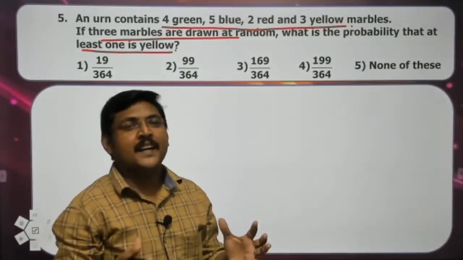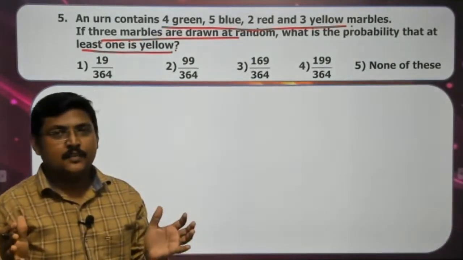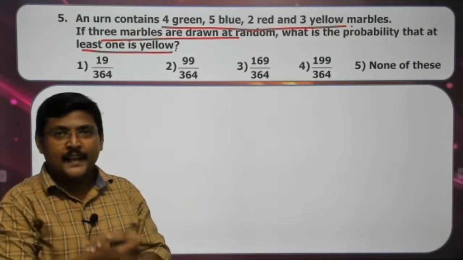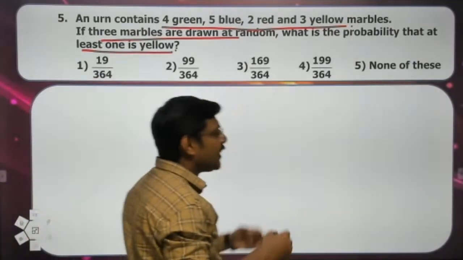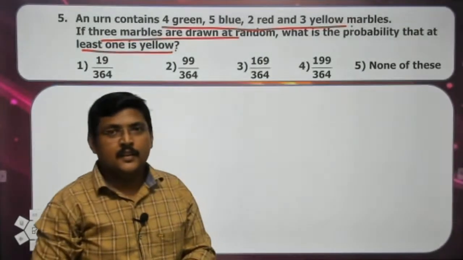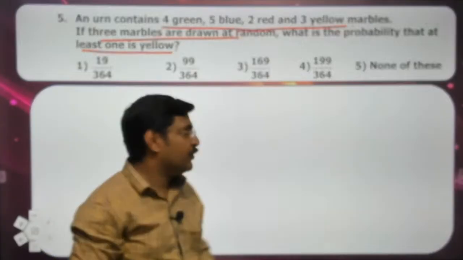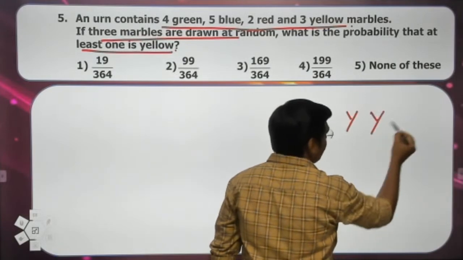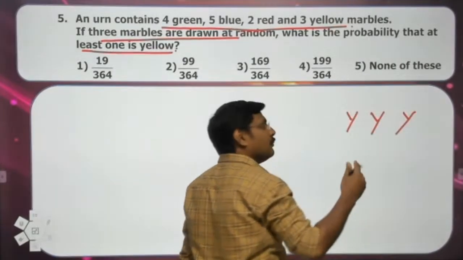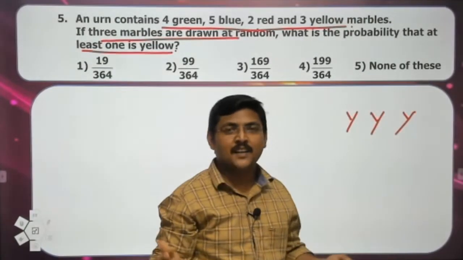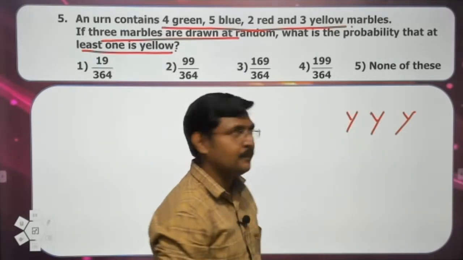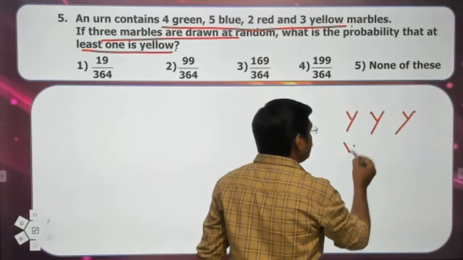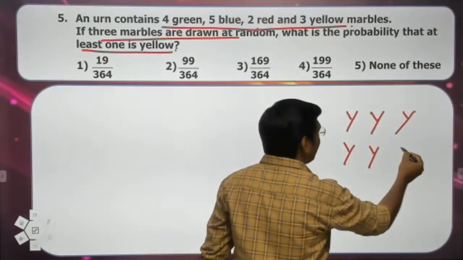So for that I am writing the possibilities for the random event occurrence for yellow. When 3 balls are drawn, the first possibility is that all the 3 balls are of the same color, and that is yellow. Second possibility is that 2 balls are yellow and the third one is another color.